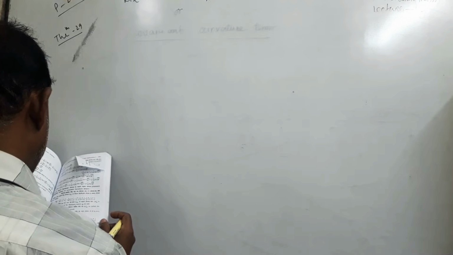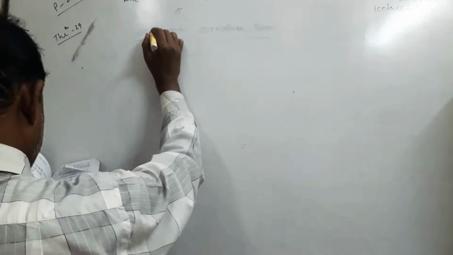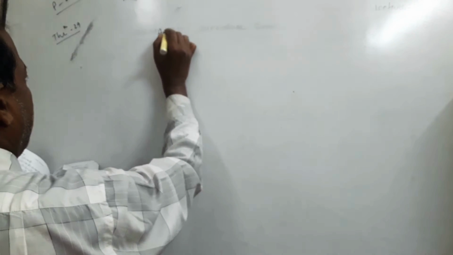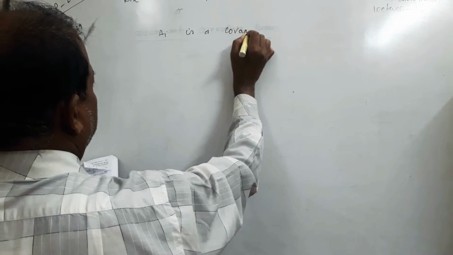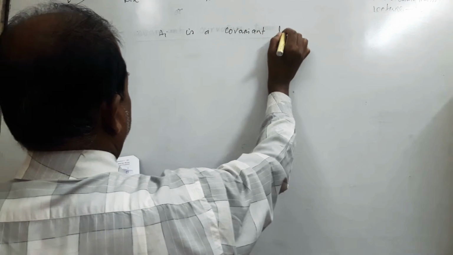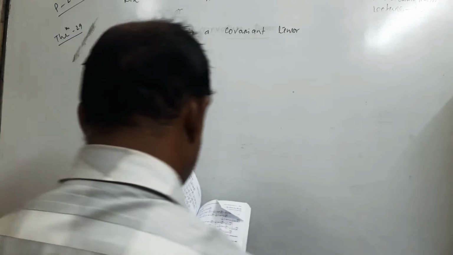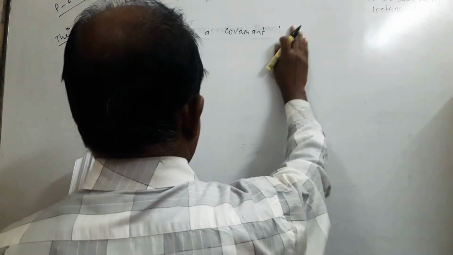First of all, Ai is a covariant tensor, Aij is a covariant vector.